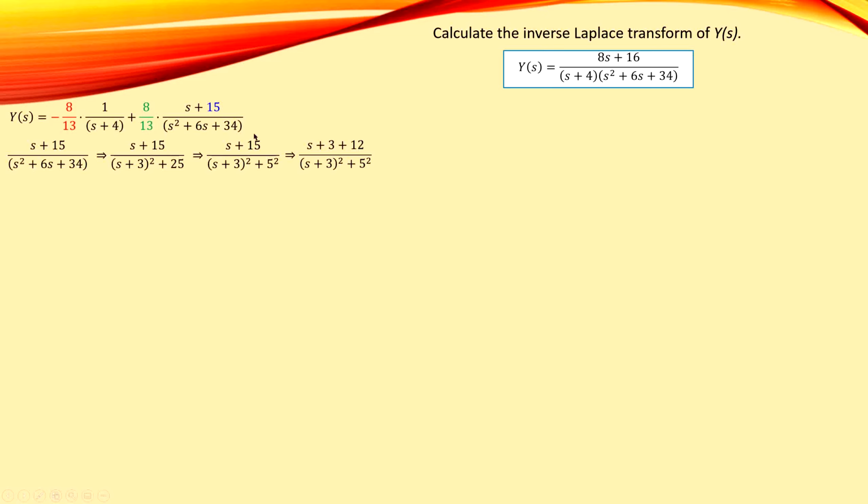If I adjust this and write it in a different form, I have also a 3 here in the denominator and numerator. If I now split this, I get the following. What you can see is that we now have an s plus 3 in the numerator and the denominator, and we have 5 squared again.